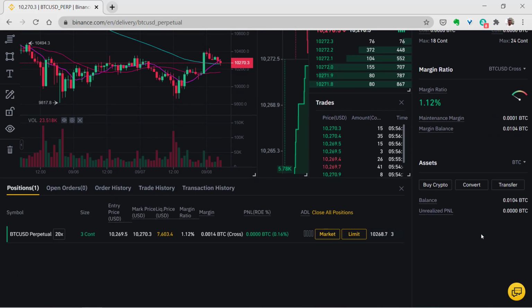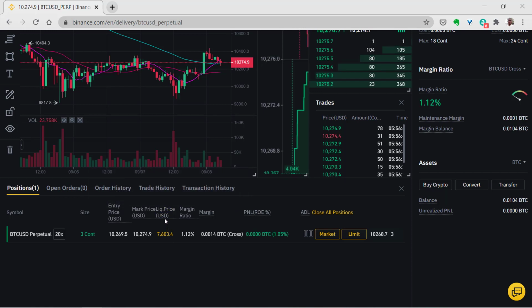Now here we can see our open positions. This is the trading activity panel. You can see the size, the number of contracts we just purchased, our entry price, which was an average of 10,269.5, the current mark price, and the liquidation price.